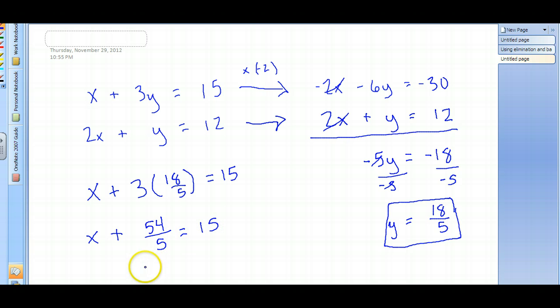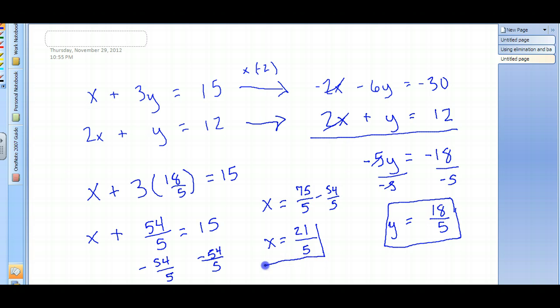That's equal to 15, so subtract 54 fifths from both sides. 15 times 5 is 75 fifths, and then minus 54 fifths. And I get x is equal to 75 minus 54, which is 21 fifths. So the third point is 21 fifths, 18 fifths.